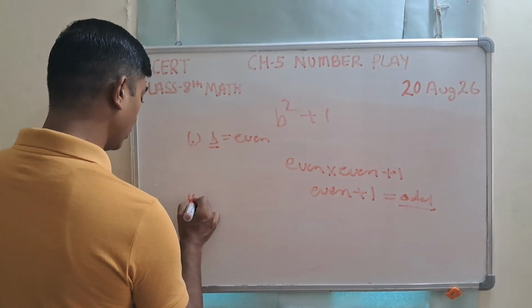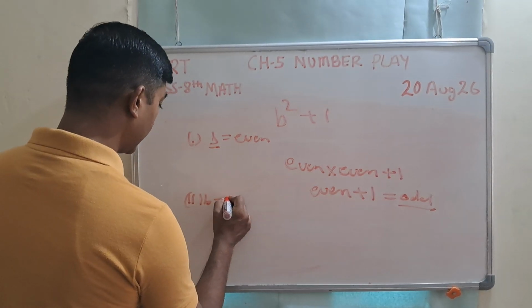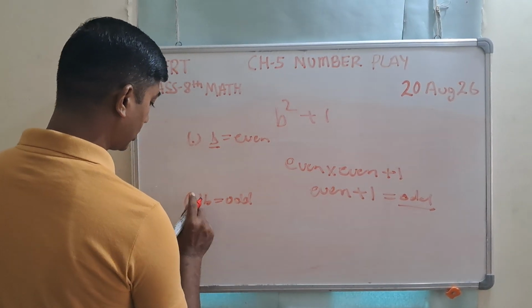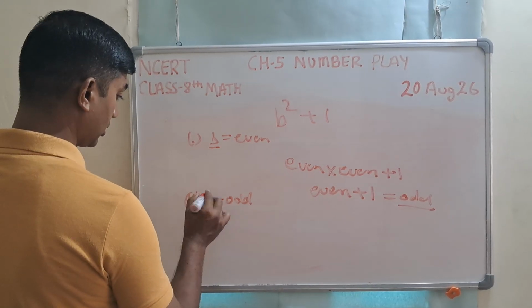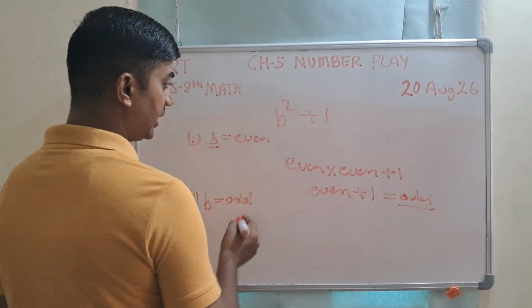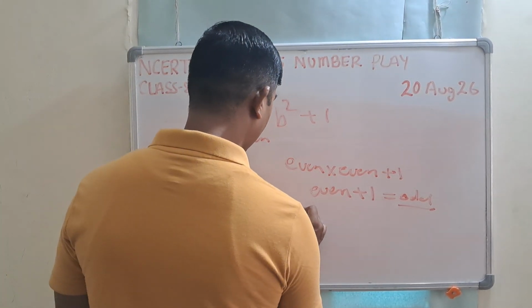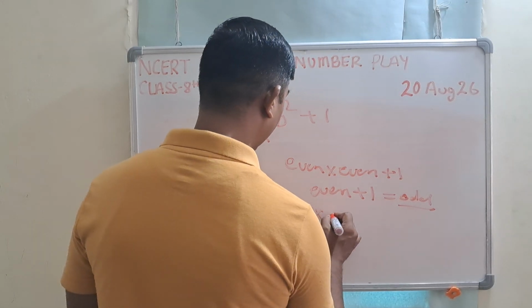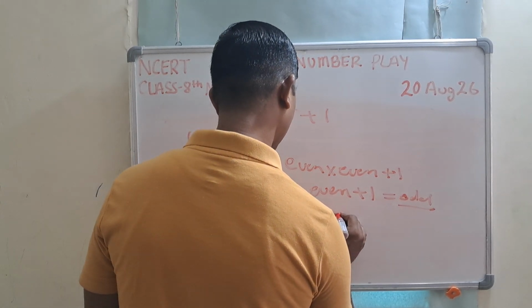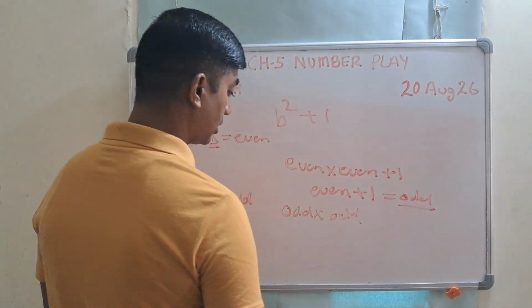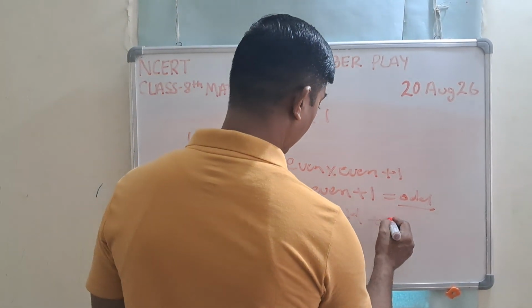And in case 2, when b is odd, what will we have? Odd multiplied by odd plus 1.